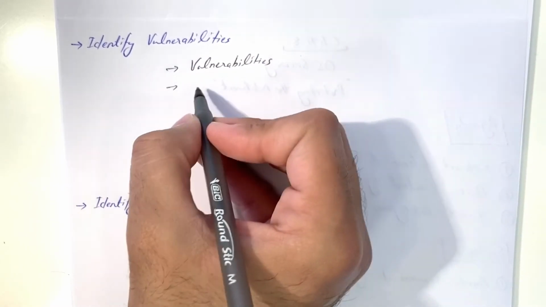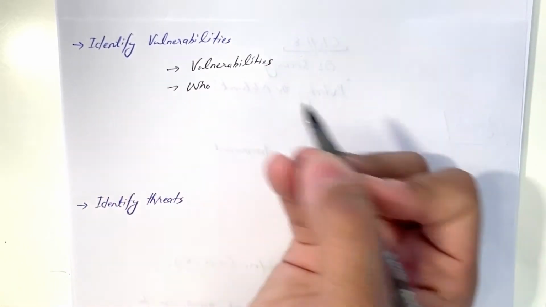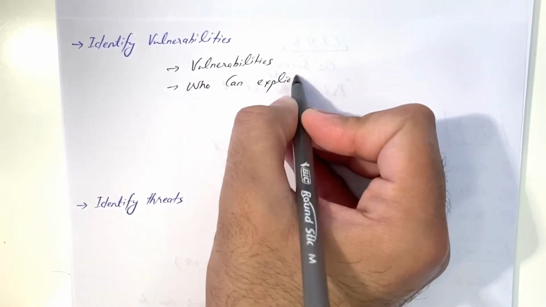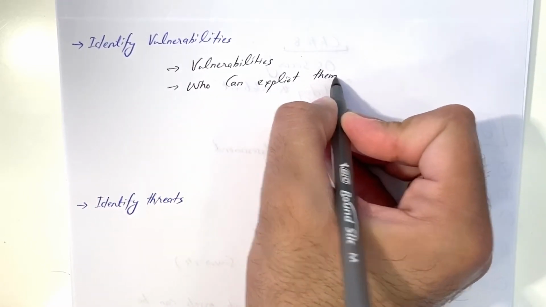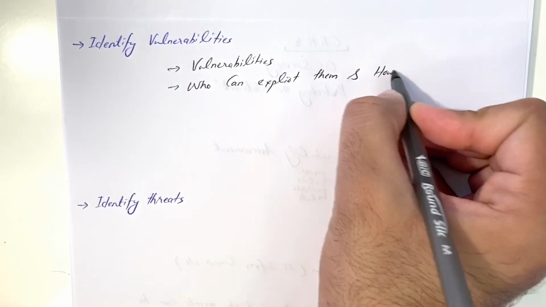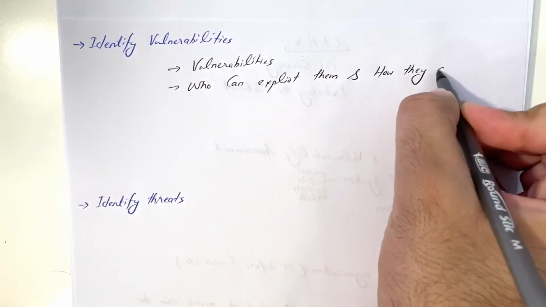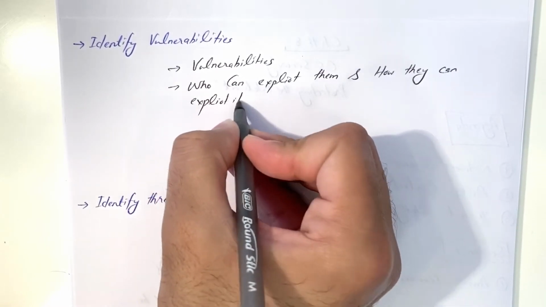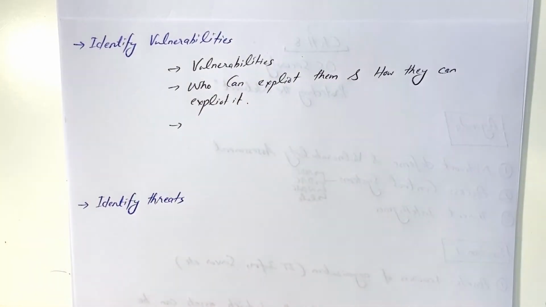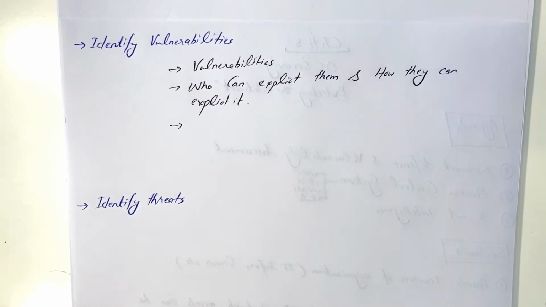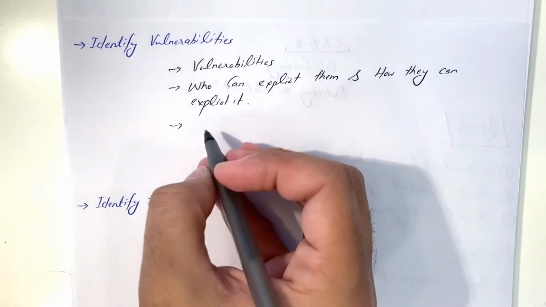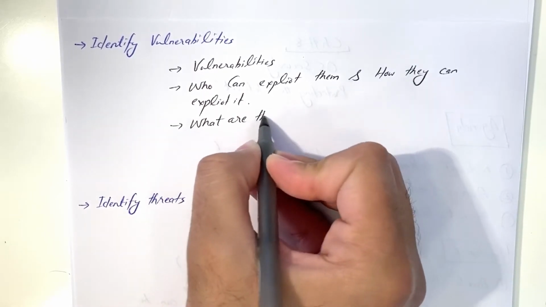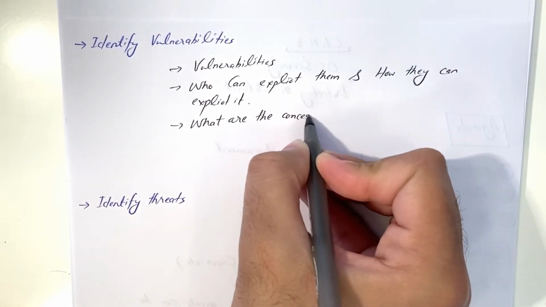And after that, we need to find the actors who can exploit them and how they can exploit them. Next, for example, if the vulnerability got exploited, what will be the consequences?